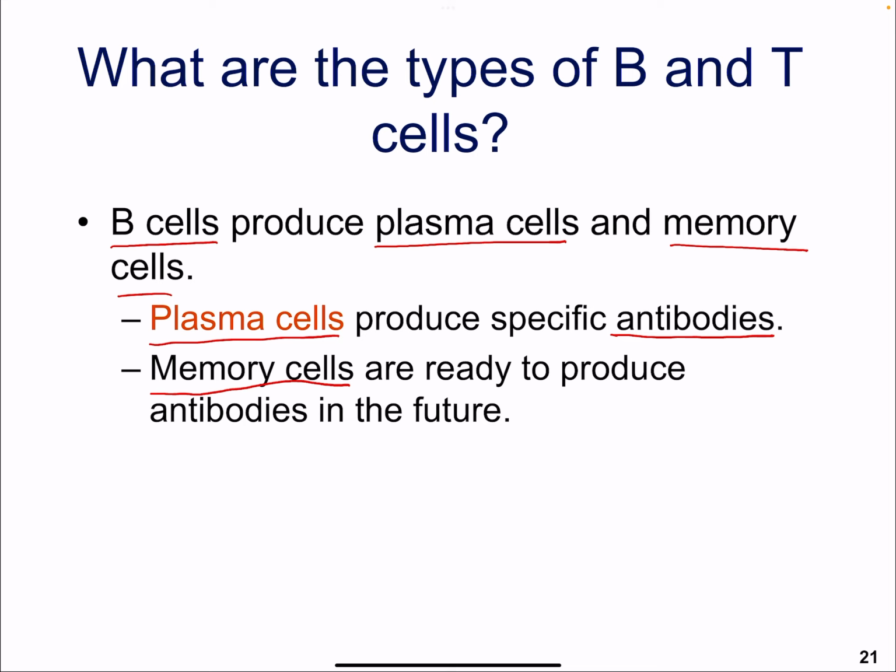It stays there silent until, for some reason, we get infected with an infectious particle we have a memory for, and then our memory cells are going to come out and produce antibodies against that very infectious particle we have a previous awareness of.